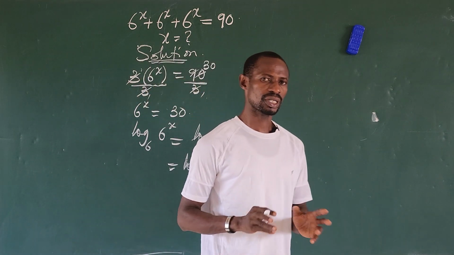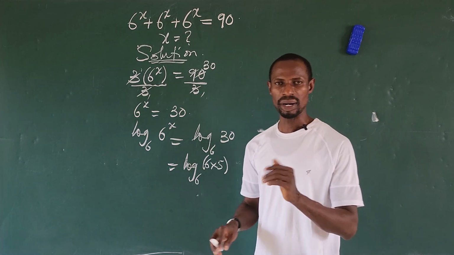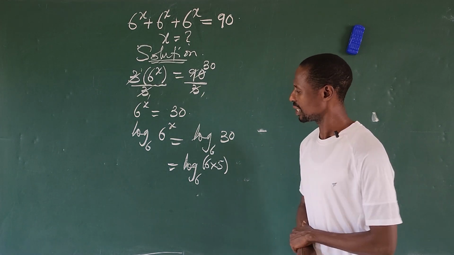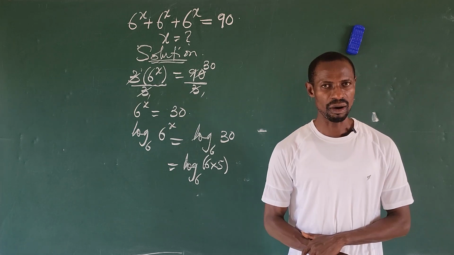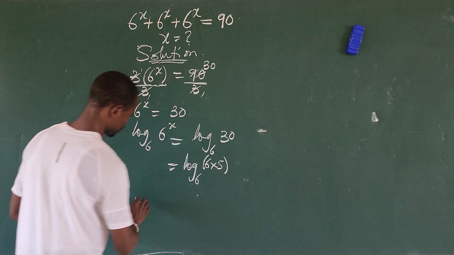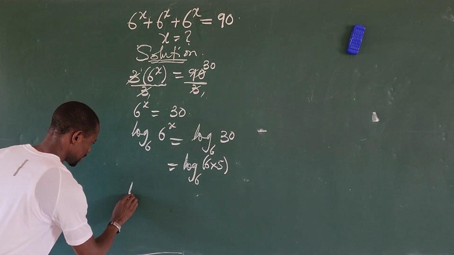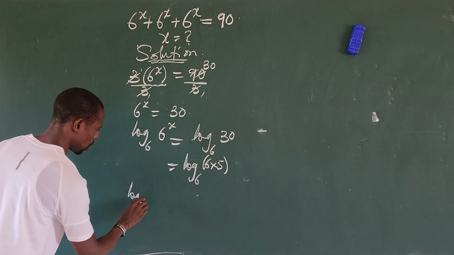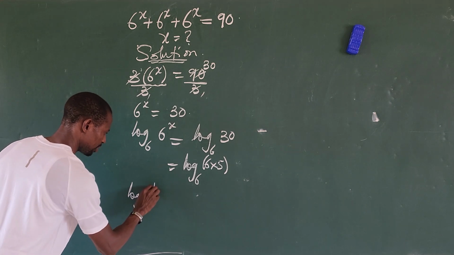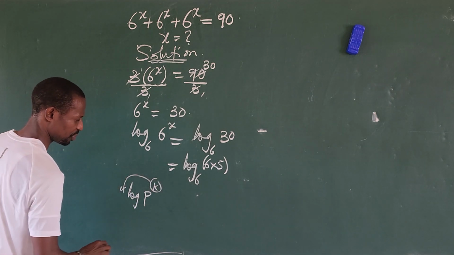Now I want to invoke some laws of logarithm, about 2 of them. We have the power law of logarithm and also the same base law of logarithm. What does it say? The first law says that if you have log of p to the power of k, we move this k as a multiplier to the front.